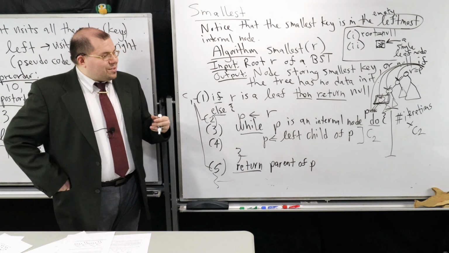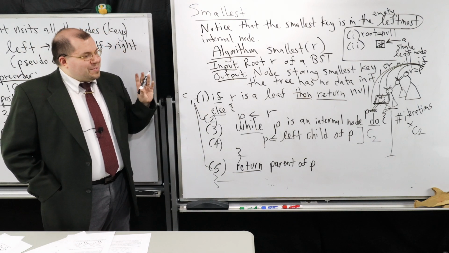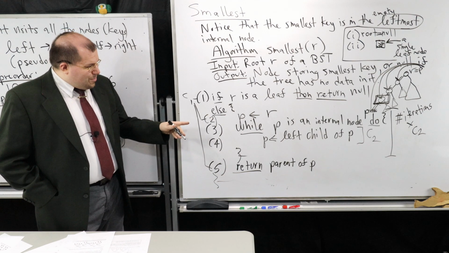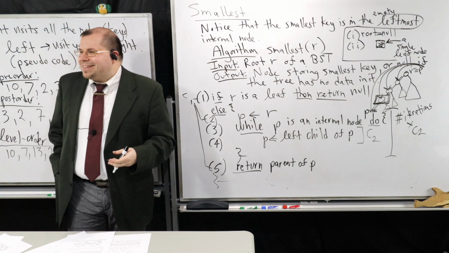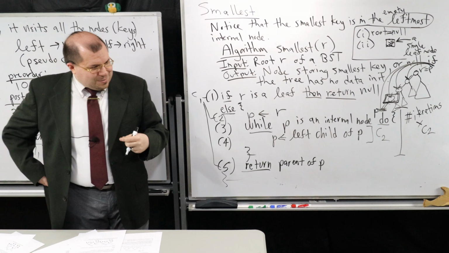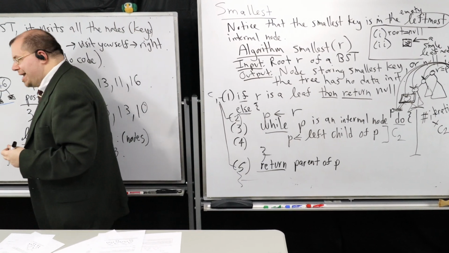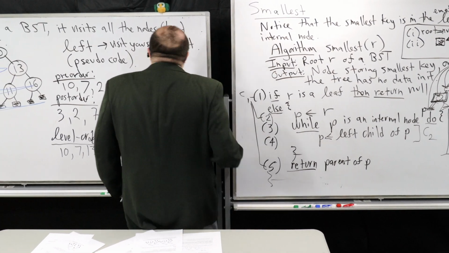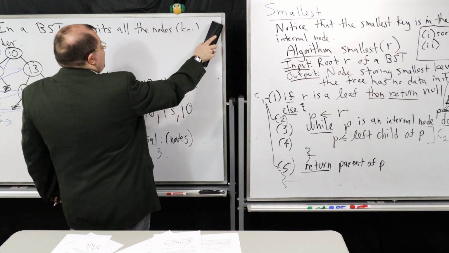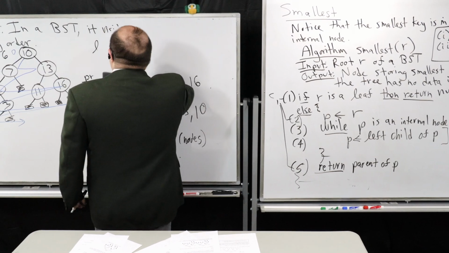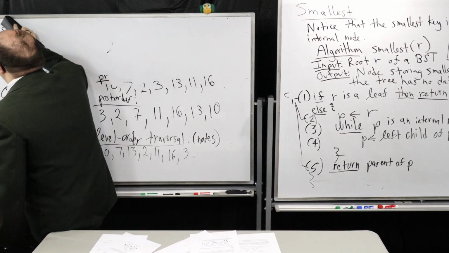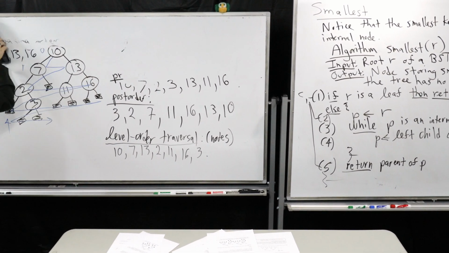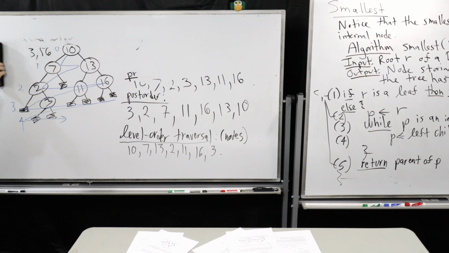So let's put this all together now. We have to figure out what's going on with this number of iterations. Let's head over here and do the analysis. Remember, in the worst case, we might always have to go all the way down the left, right?